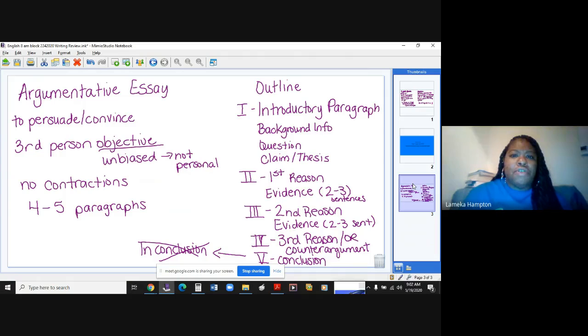You have what's called an informative essay, which is basically a research paper where you would have to obtain research and find certain sites and certain pieces of information to go along with your essay.